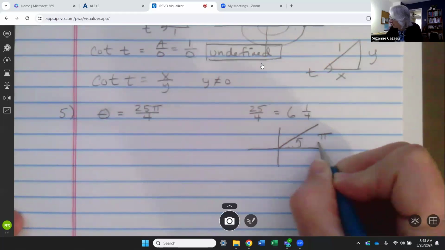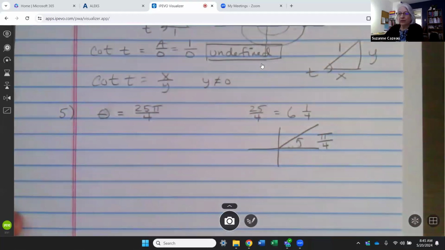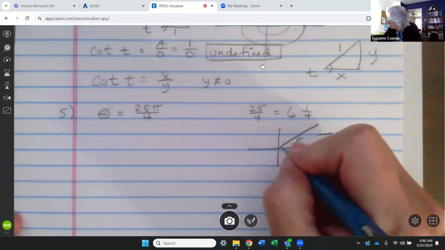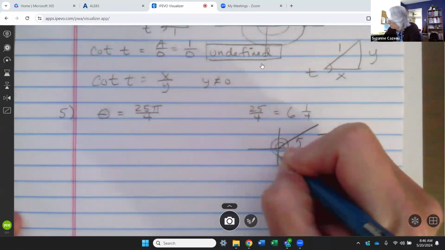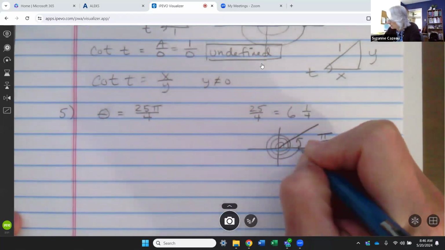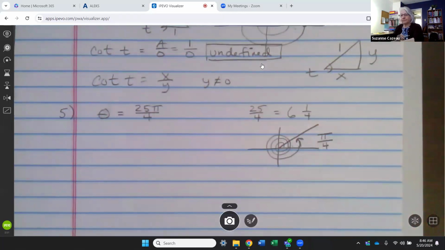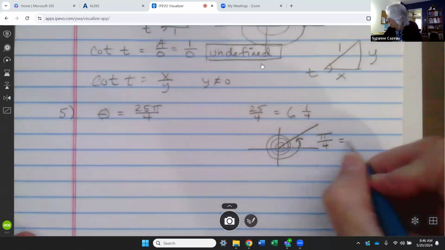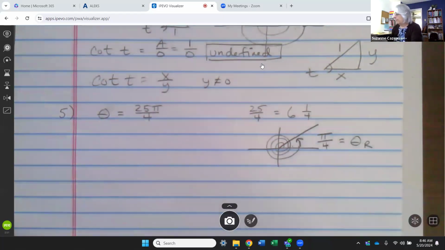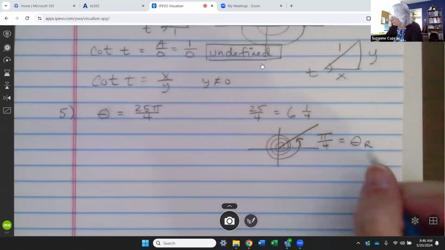So this in here is pi over 4. We're in quadrant 1. See, it goes around 2, 4, 6, and then there. So it goes around like that. There's pi over 4. This is your theta sub r, but it is also theta sub c.